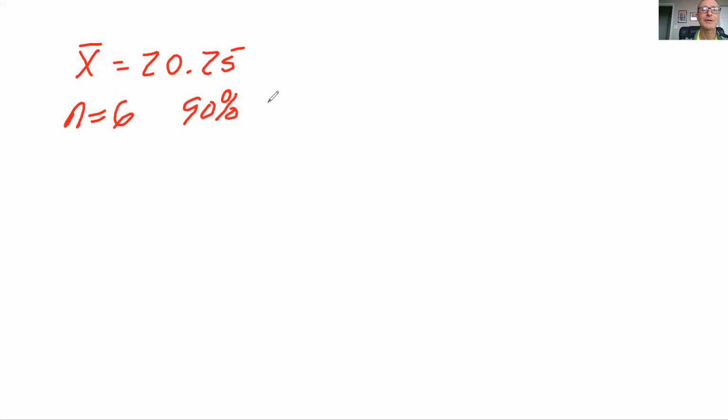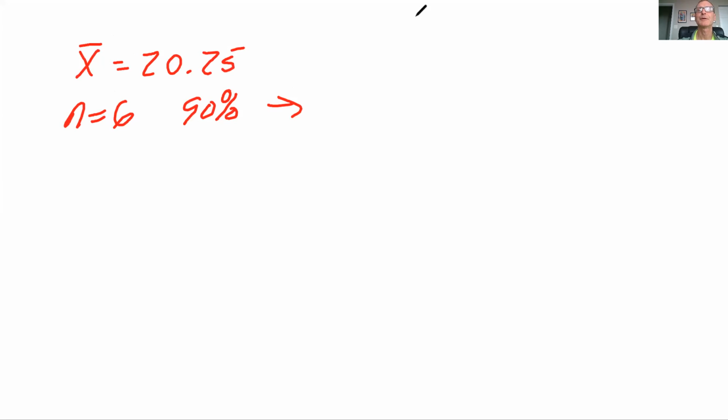So our mean is 20.25. Our n value is 6. And we're going to deal with this confidence interval of 90%. The first thing we need to look up is, you go back to our table.